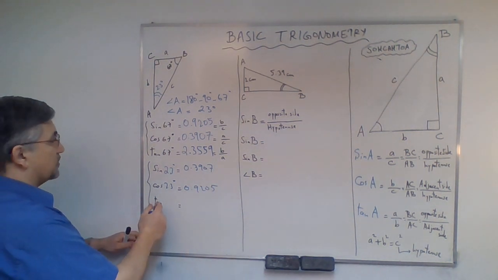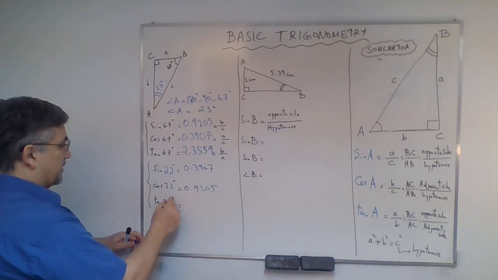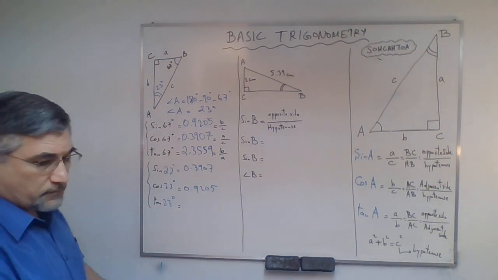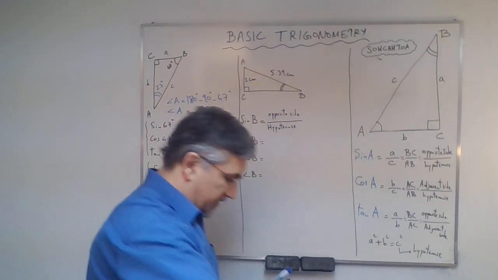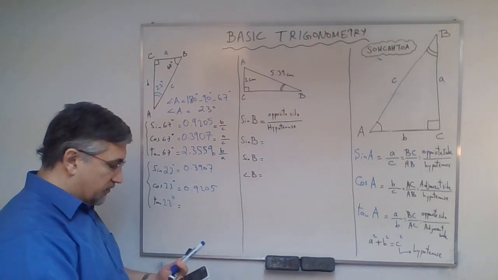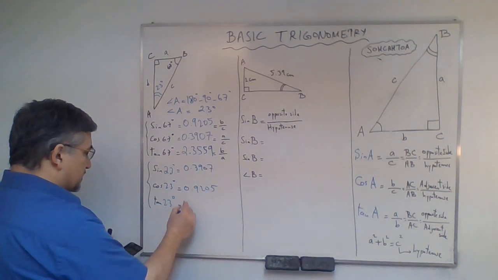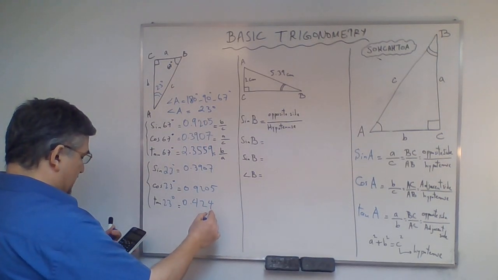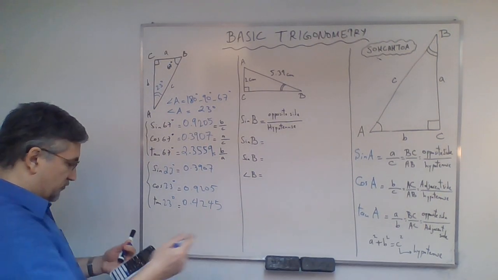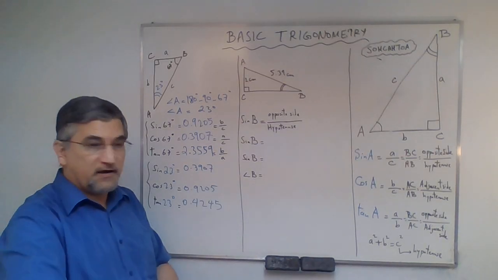And then tangent of a 23 degree angle. Using a calculator, we find out what tan of 23 is, and that is 0.424, and then I put 5 because at 47 I rounded up to 5.